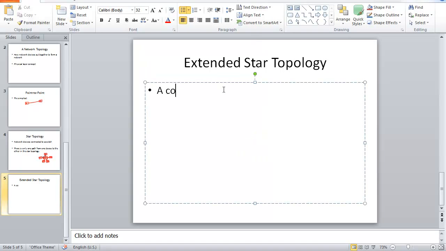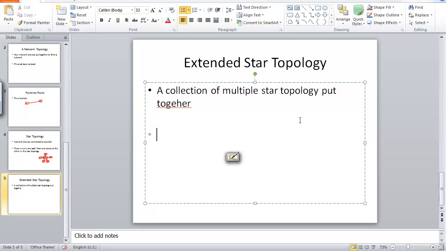This is basically a collection of multiple star topologies put together. But since this is just a collection of the star topologies, you still have only a single path between the two devices. It has a hierarchy of the switches like this.